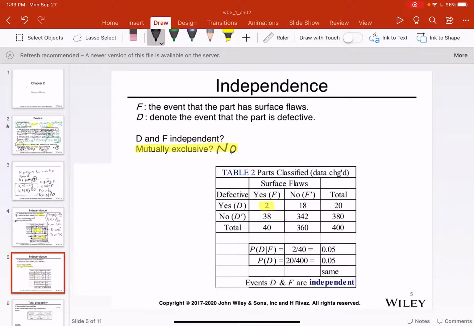Again, we can do the same thing. Here we calculated P of D given F. It's exactly the same as the previous question, so I won't explain. That's 5%. These four numbers are set up so that if you calculate P of D, you get the same answer. Both of these are 5%. So because of this, in this case, D and F are independent.